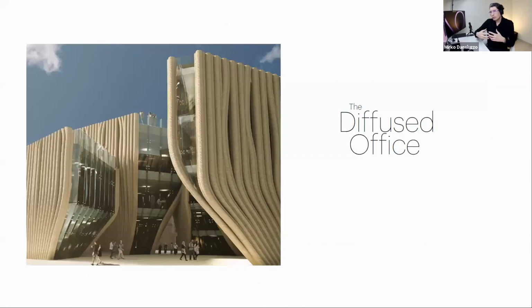So I want to talk about this idea of embodiment, or blending the buildings in their environment, through some projects. We're going to start with a large scale and then touch a medium and a small scale. I want to start with a project we call the diffused office.